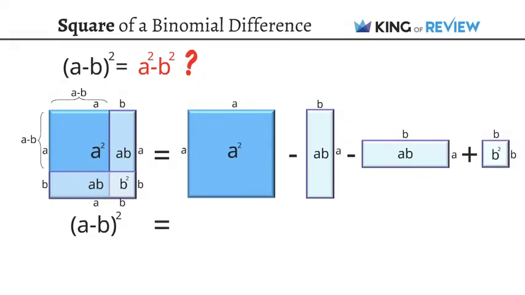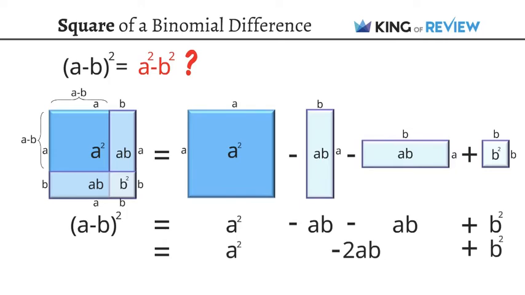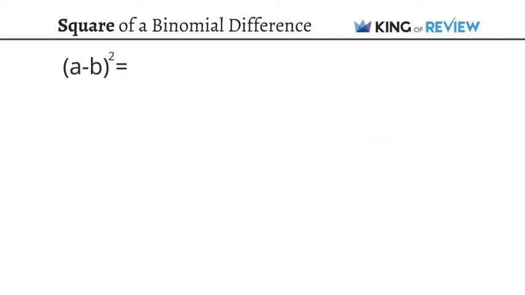Okay, now let's put down the areas of these bricks. Okay, a squared minus ab plus b squared, right? And this is equal to a squared minus 2ab plus b squared. Now we find that a minus b the whole squared is not equal to a squared minus b squared, right? Everybody clear?